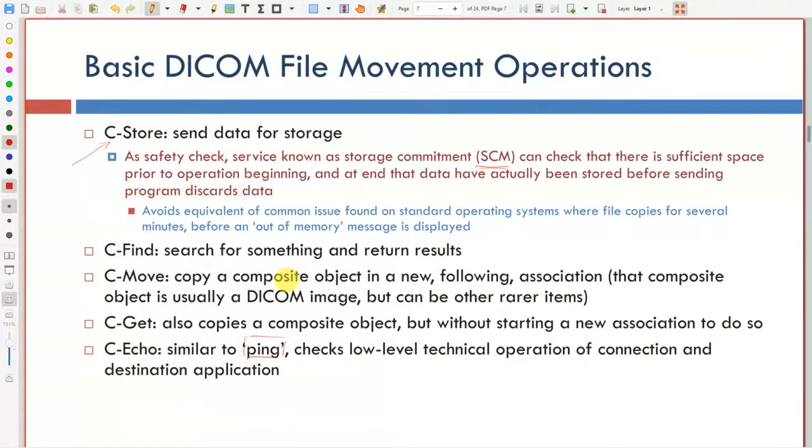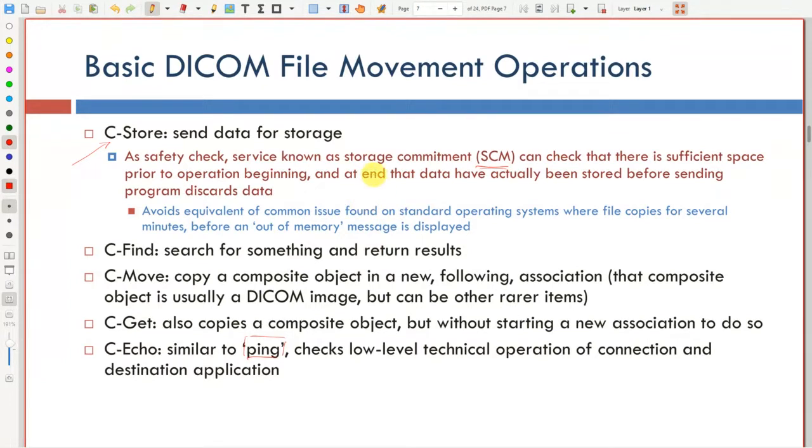If you start the C store without enough space on your hard drive or local storage, the operation will later fail. It will take some time, and at the end you will fail. So it's better to check the space before, in order for the operation to be successful.